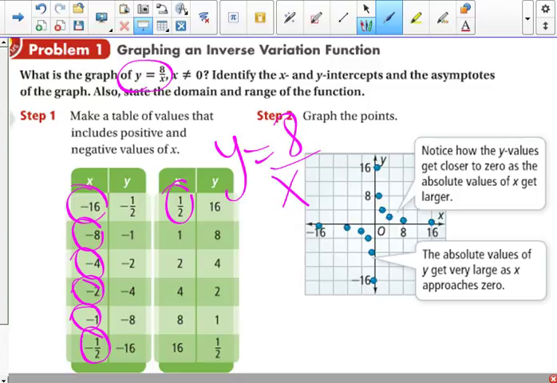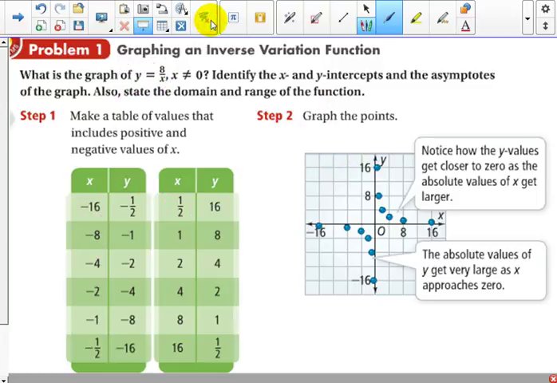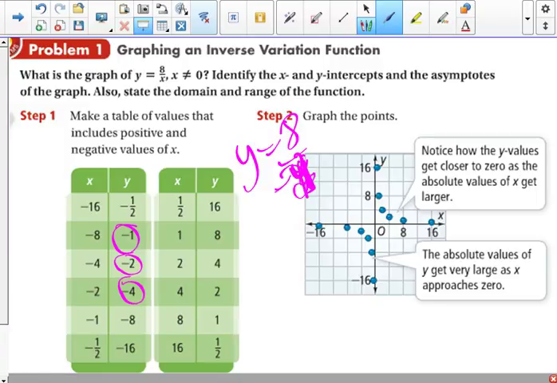When I plug in negative 16 for x, I get negative 1/2. When I plug in negative 8, I get y equals 8 over negative 8, which is negative 1. Negative 4 gives negative 2, negative 2 gives negative 4, and negative 1 gives negative 8. And so on with the rest.